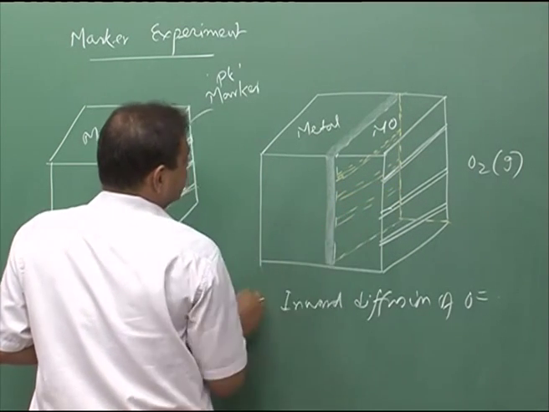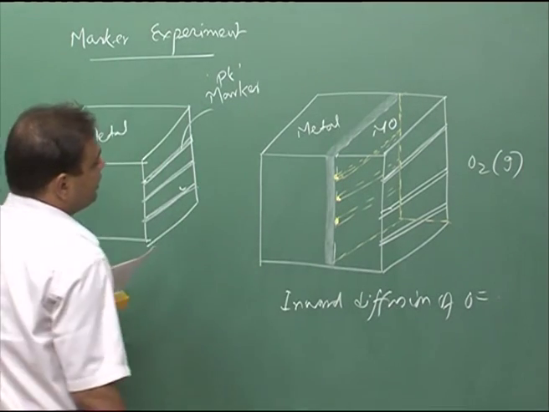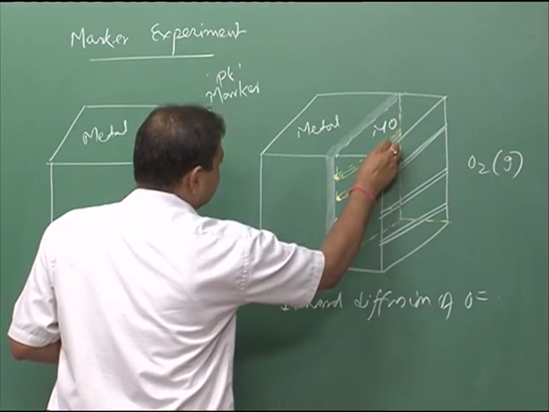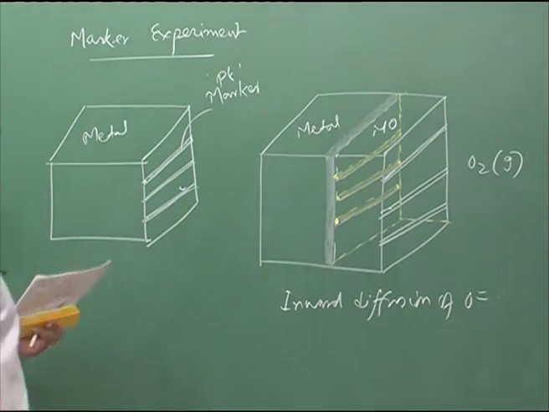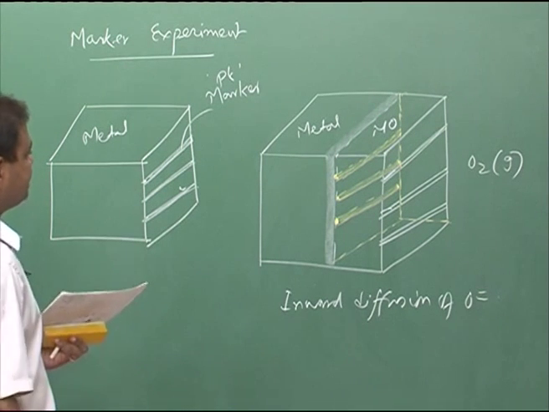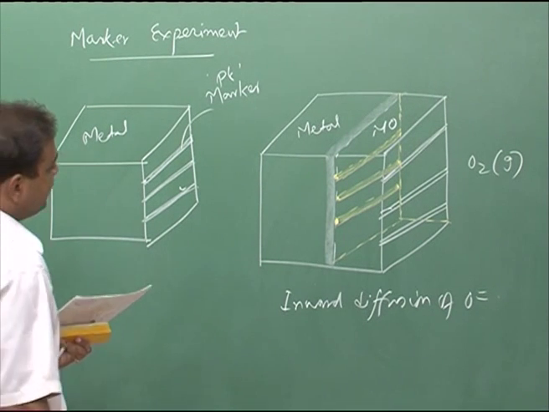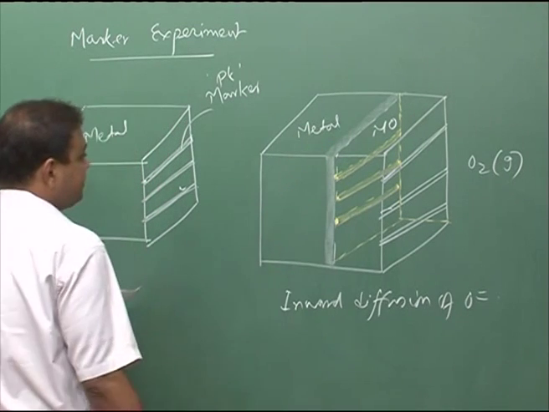So, the platinum wires are on the inside surface after oxidation, and that means they are on the surface between metal and metal oxide.